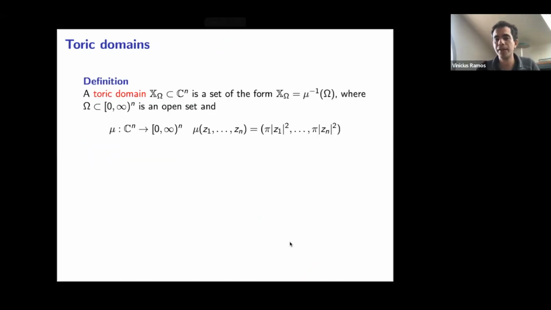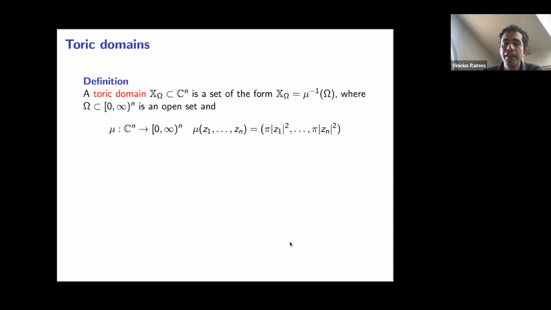Now let me tell you about related results and wider results. To do that, let me remind you of what a toric domain is. A toric domain is a set in C^n that is of the form mu inverse of omega, where mu is the standard moment map and omega is some open set in the first orthant of R^n.